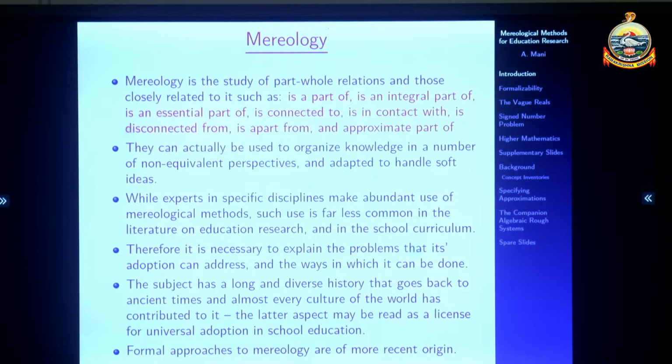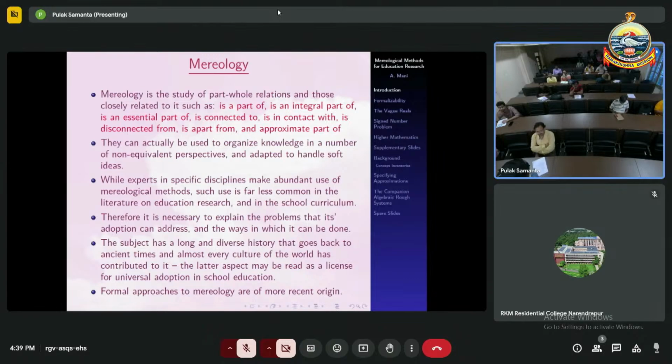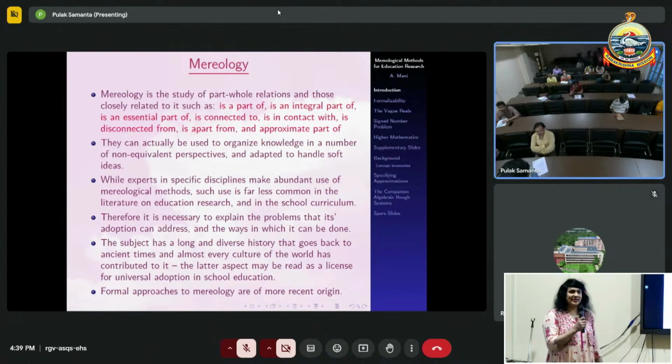These can be used to organize knowledge in a number of non-equivalent perspectives and adapted to handle soft ideas. As far as applications are concerned, they're used heavily, for example, in biological classification and in other sciences. I'll come to that slightly later in another slide.